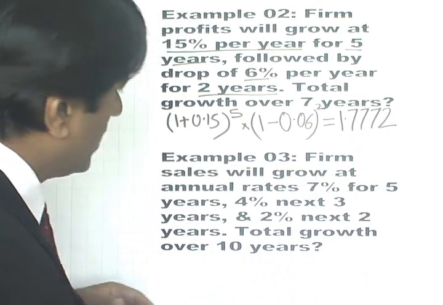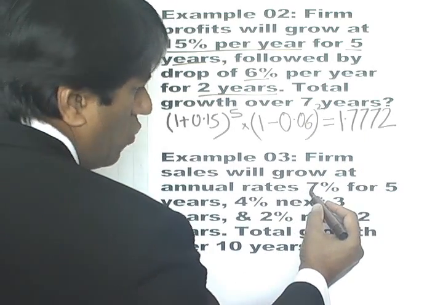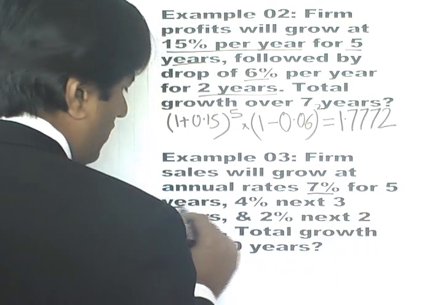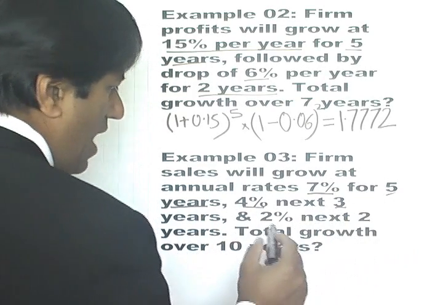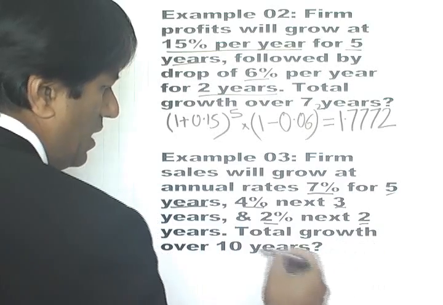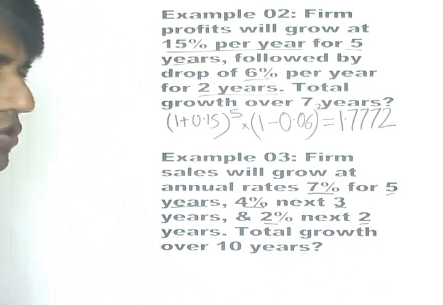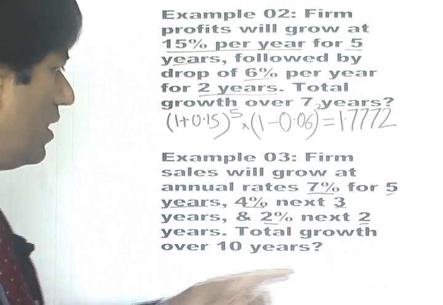In the next question, a firm's sales grow at a rate of 7% for 5 years, 4% for 3 years, and then 2% for 2 years. And the question asks, what is the total growth over the 10 years?